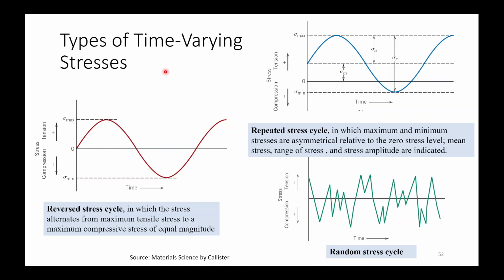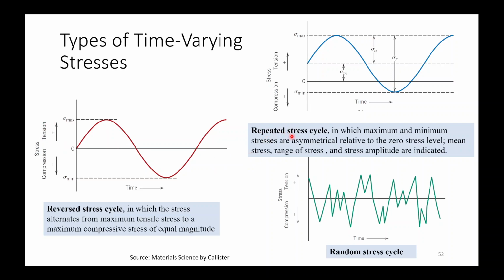These are various time varying stresses that are applied in case of fatigue. First one is the reversed stress cycle. In this case, your stress alternates from maximum tensile stress to maximum compressive stress of equal magnitude.